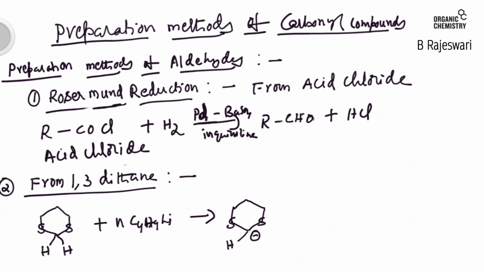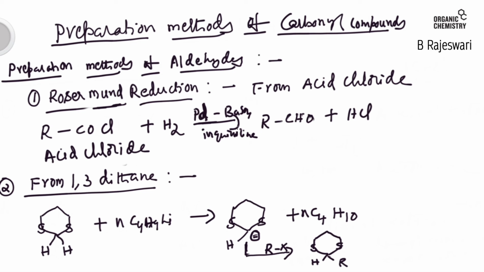And n-butane is formed. Now, if this 1,3-dithiane anion is treated with alkyl halide, then you get alkyl substituted 1,3-dithiane, which is known as thioacetal.